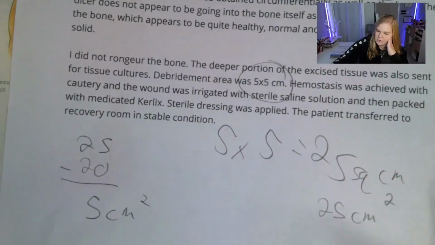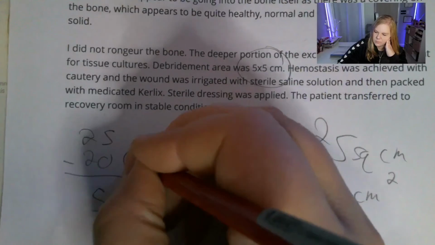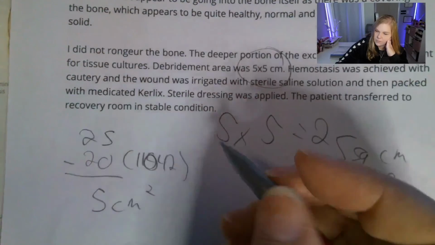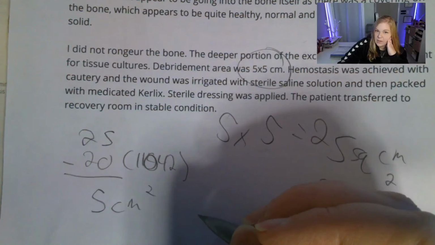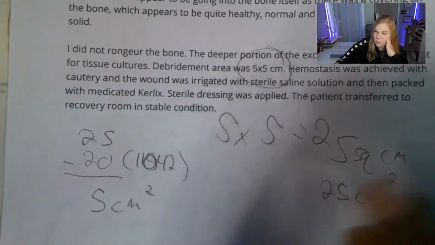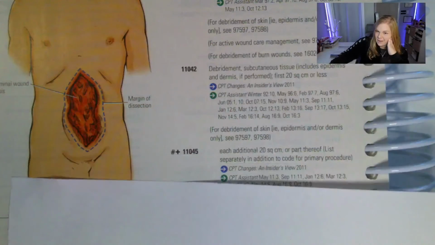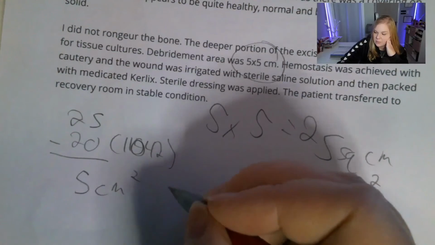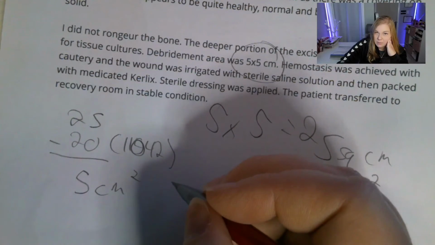So that's our 11042. Let's just put that over here, 11042. And then we have, the next 20 square centimeters or part thereof is our 11045. Do we have a part thereof left over? Yes, we do. Do we have enough for multiples of our add-on code?